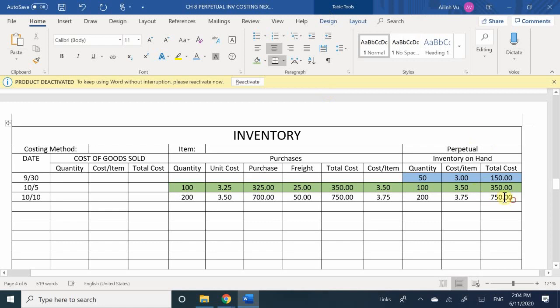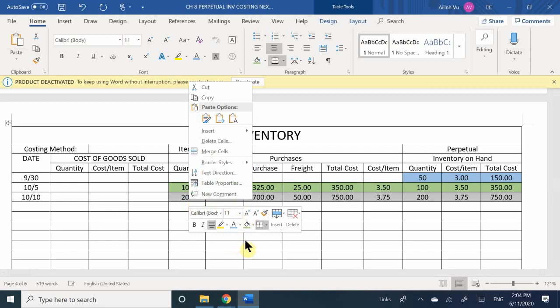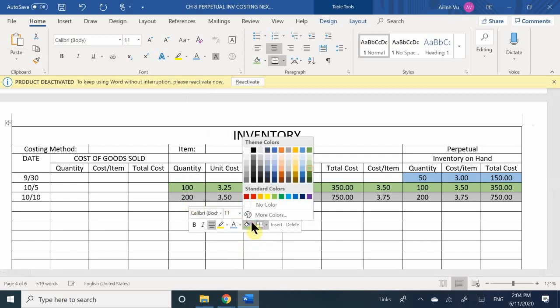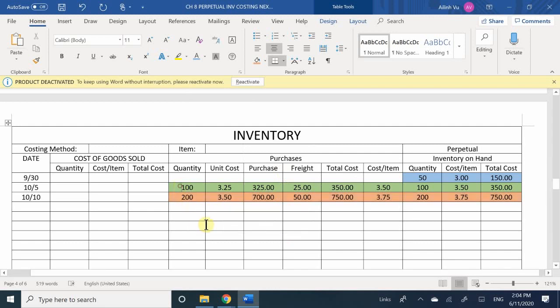Okay, and I'm going to highlight this and make this the salmon pink. There you go. That's salmon.